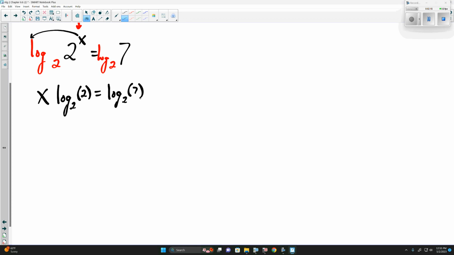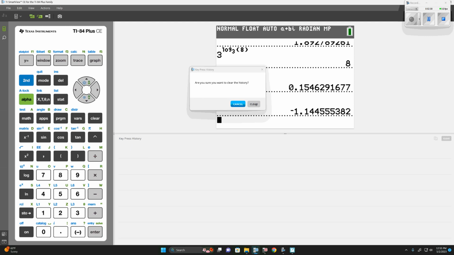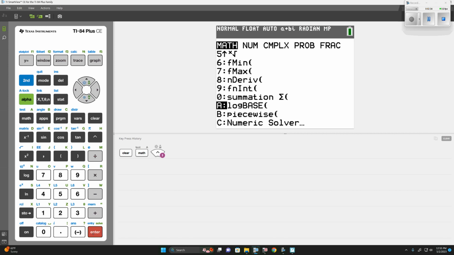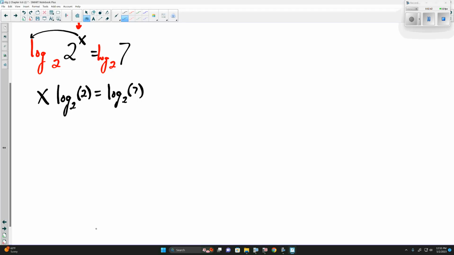Now, my next question for y'all is, what is log base 2 of 2? Let's go to math. Log base 2 of 2 is 1, because one of the properties we had was that log base b of b is 1.